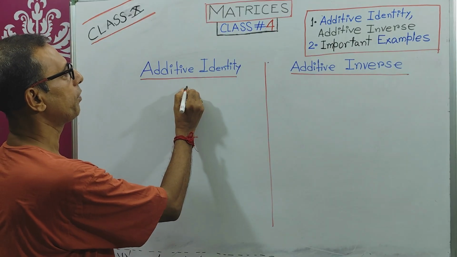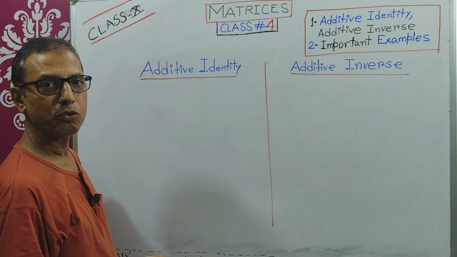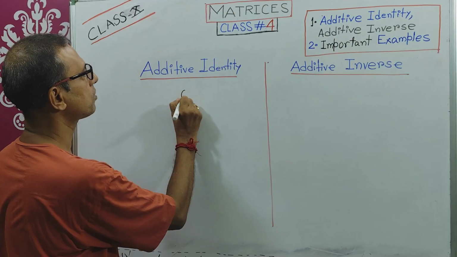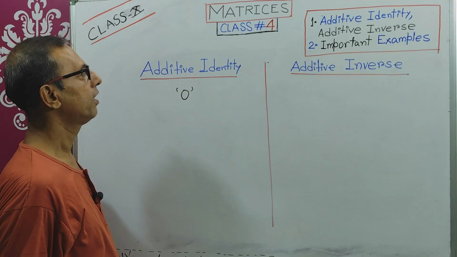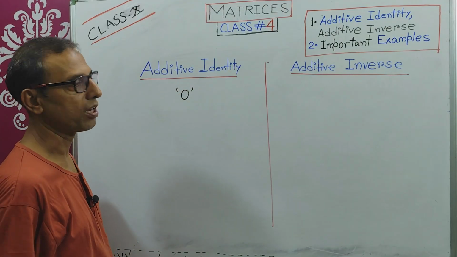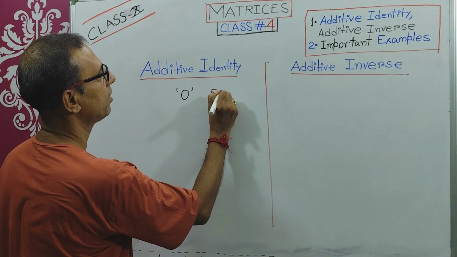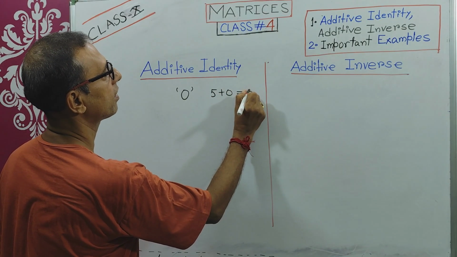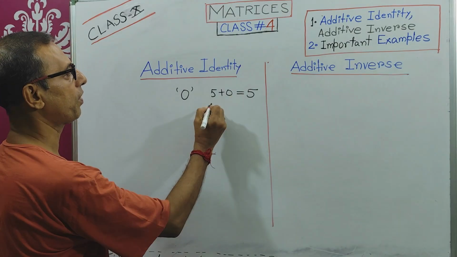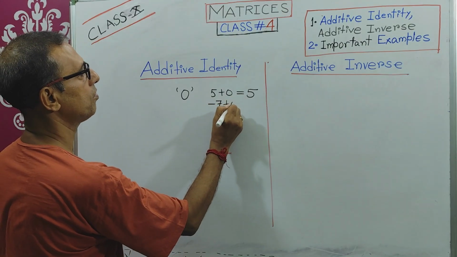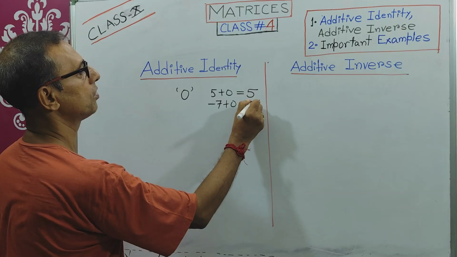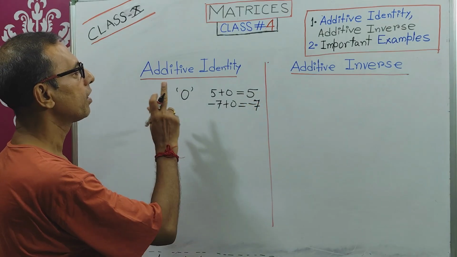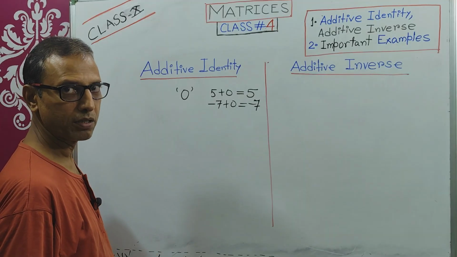Because if you add 0 to any given number, there is no change. 5 plus 0 is 5. Minus 7 plus 0 is minus 7. So this is additive identity with respect to rational numbers.